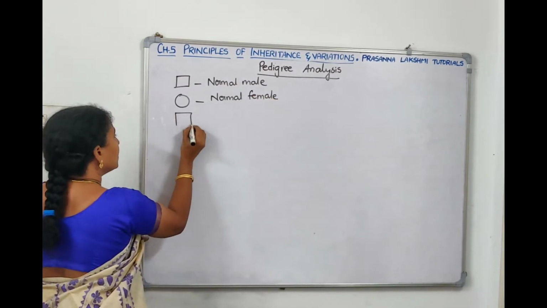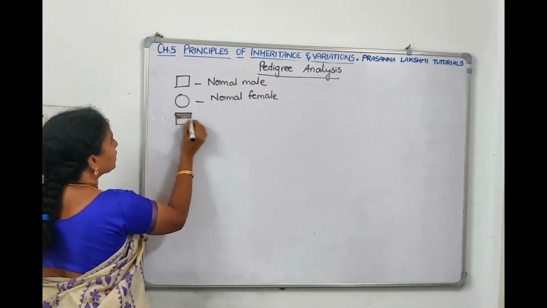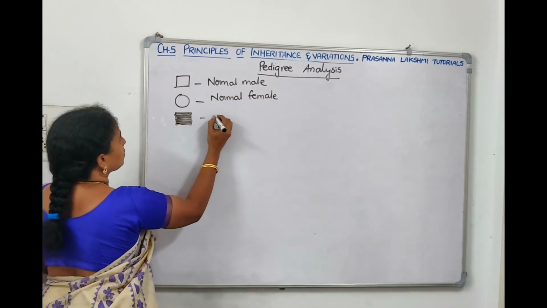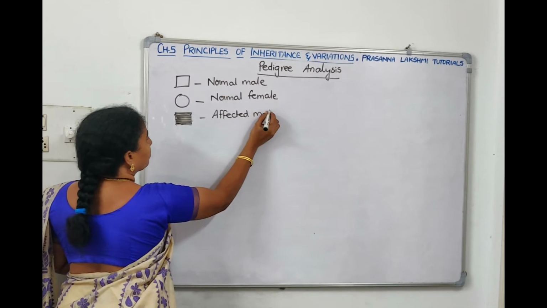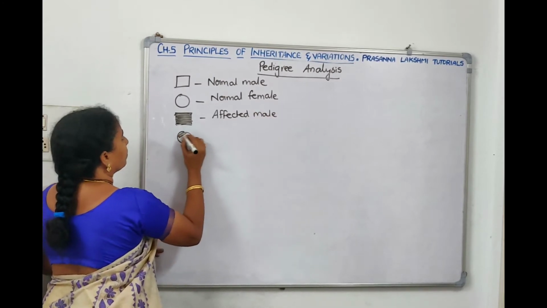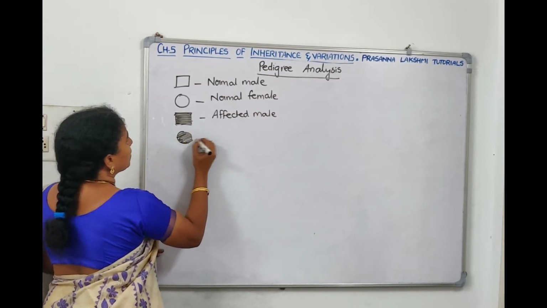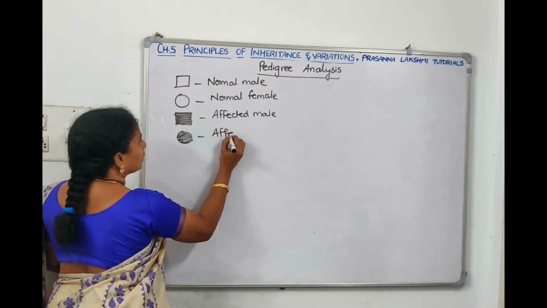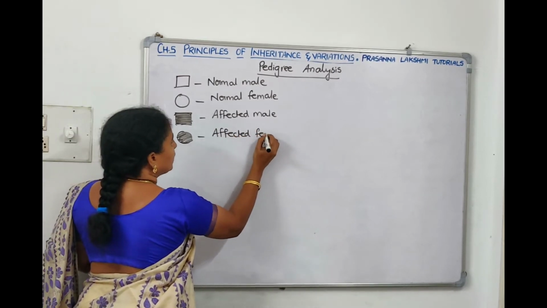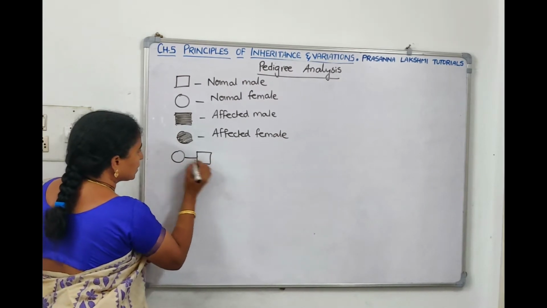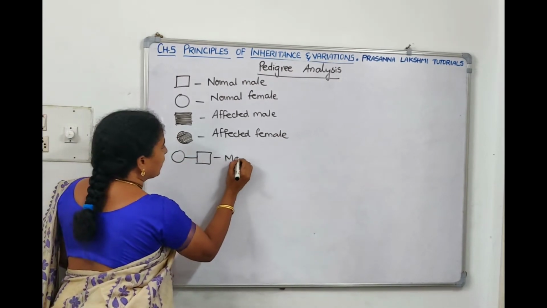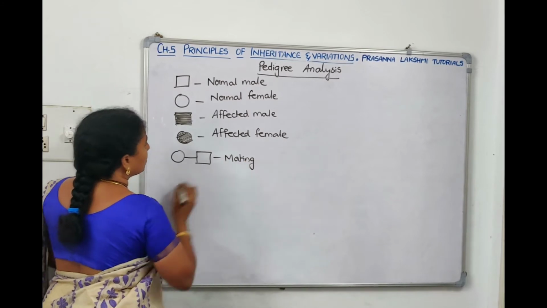If the male is affected, this shows an affected male, and this symbol shows an affected female. Now this is mating between father and mother, right?